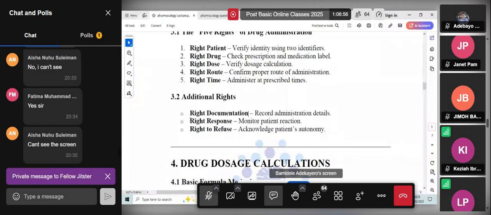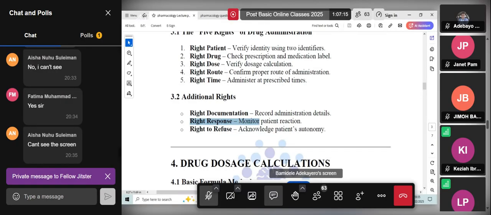We have a right response. When you give medication, that is not the end of your job. You need to make sure that the medication is actually working. If a patient complains of pain and you give a pain relief to the patient, you should also make sure that the patient's pain is resolved.